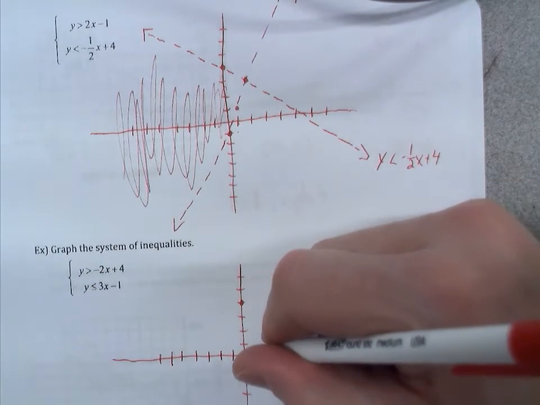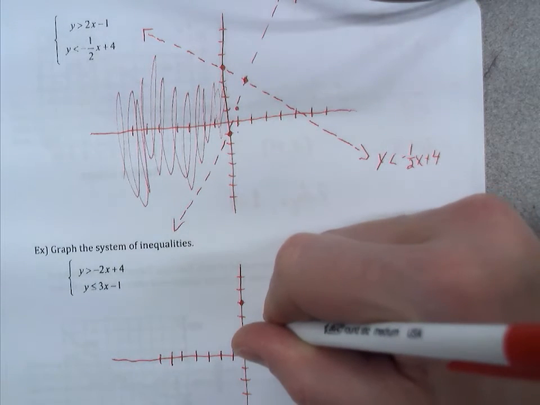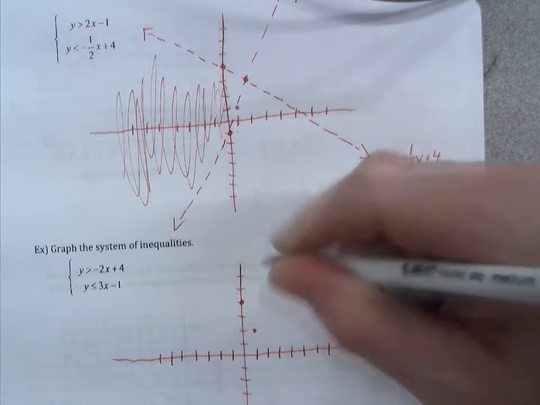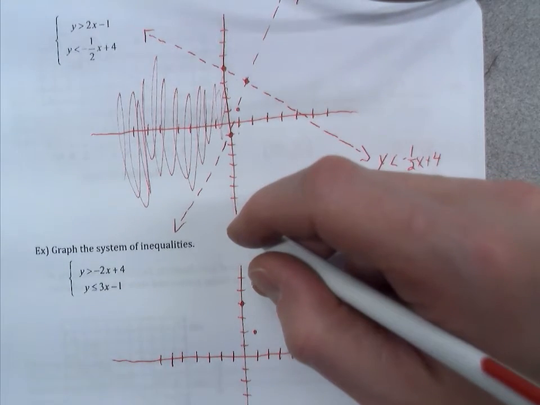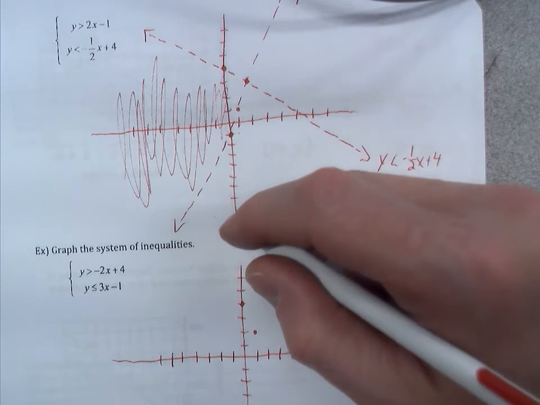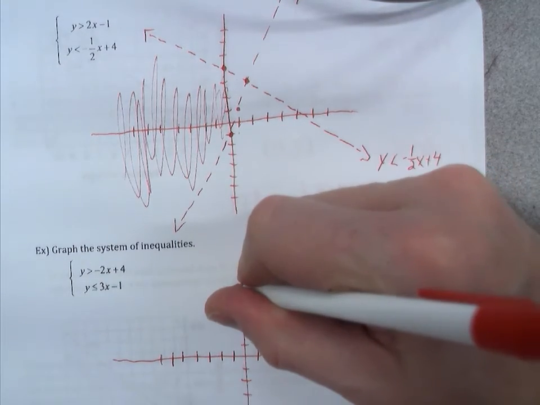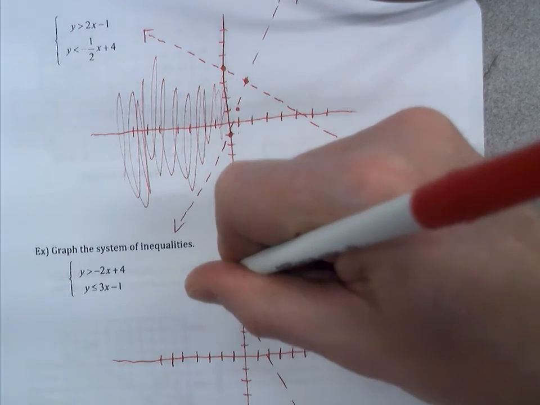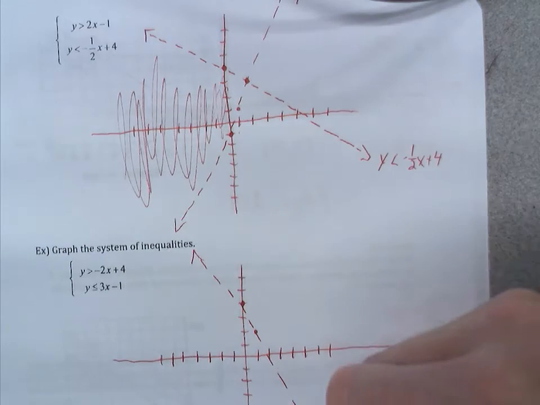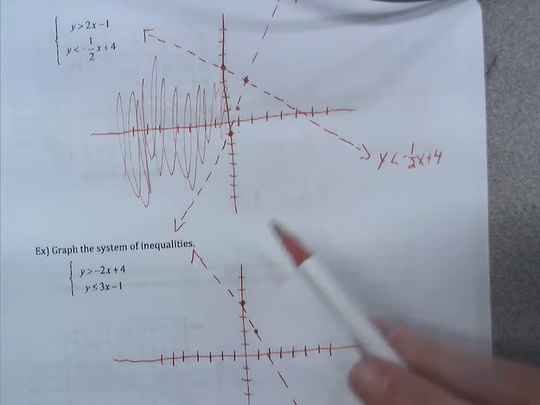So that means every time we go over 1, we go down 2. So that's going to give us that particular line. Since it's greater than, we would want that to be a dotted line. And it's going to be anything that goes above that line.